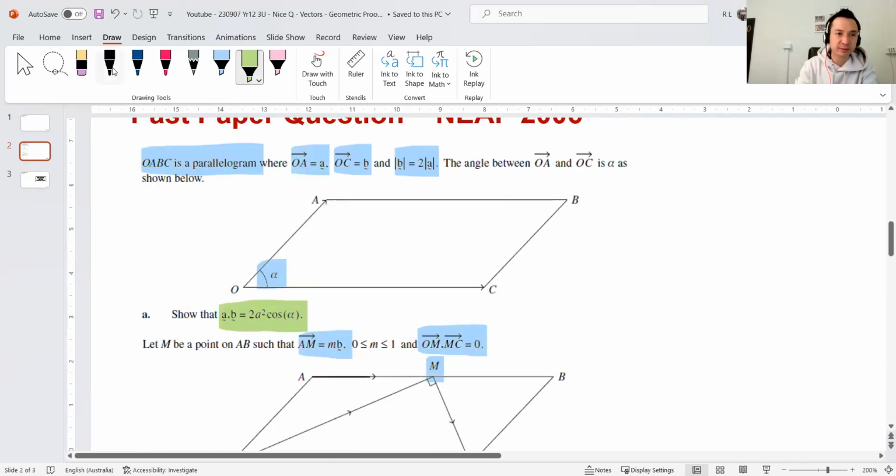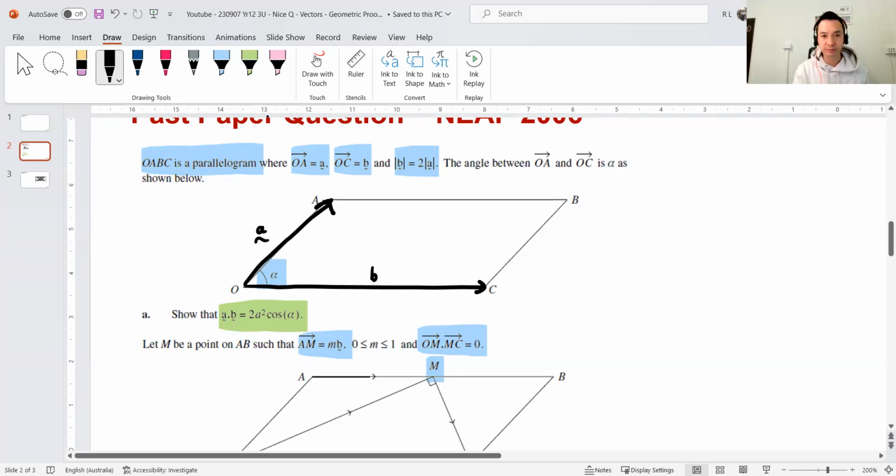Doesn't seem too bad. All right, let's see. So first part, show that A dot B is that. Now we know that if this vector here was A, and this vector here was B, and the magnitude is equal to.